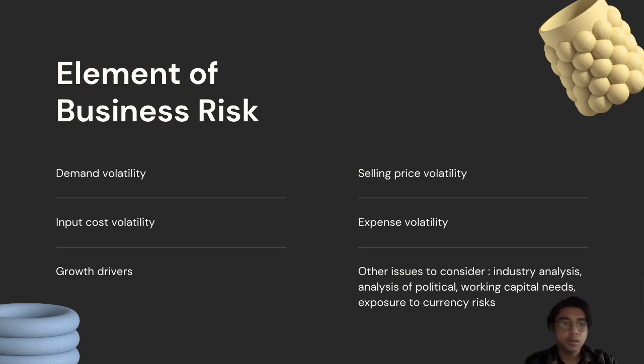Fifth, expense volatility, which can be influenced by reliance on key suppliers and the relative level of fixed costs, the significance of expenses relative to the size of the business, and the level of committed costs. And sixth, other issues to consider include industry analysis, political analysis, working capital needs, and exposure to currency risk.